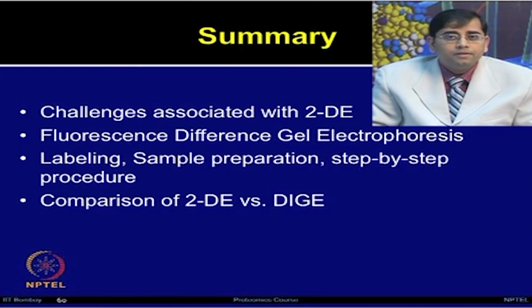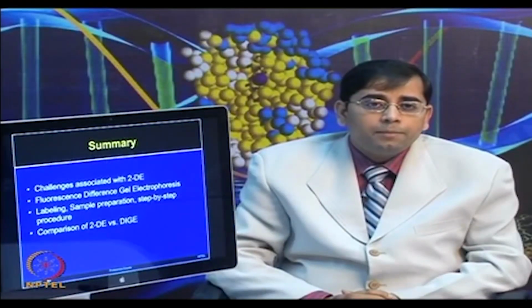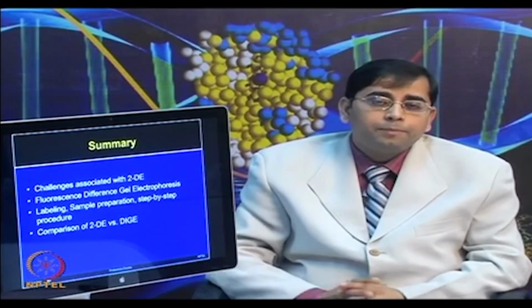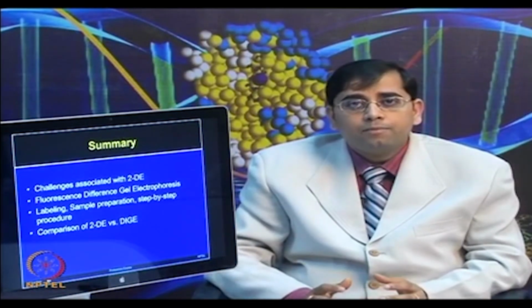We finally compared the 2D method and DIGE method, and I gave you an interactivity option to perform the experiment by using 2DE or DIGE, and you gave the right answer of doing the experiment with the DIGE method. So, overall you should be able to conclude that DIGE is a better way of separating proteins, and it can still provide very useful quantitative information in gel based proteomics.